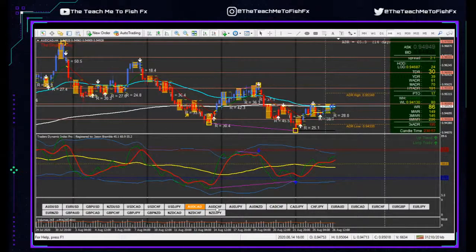See, the very last move from the exhaustion square gave us 73 pips, and the ADR for Aussie CAD is about 65 pips a day. So that trade is still working out, still a good trade.